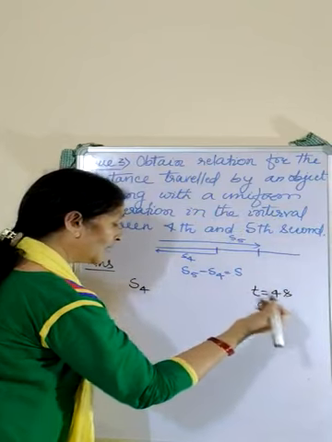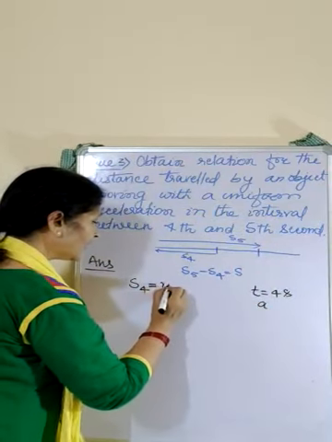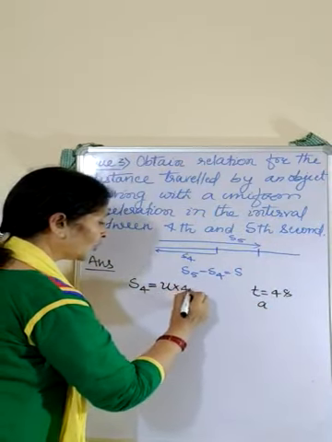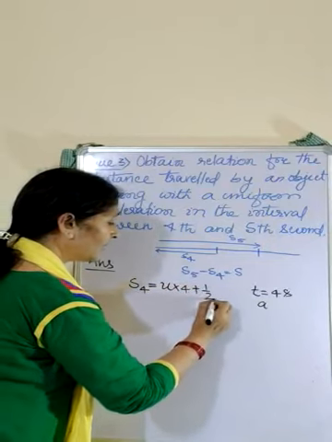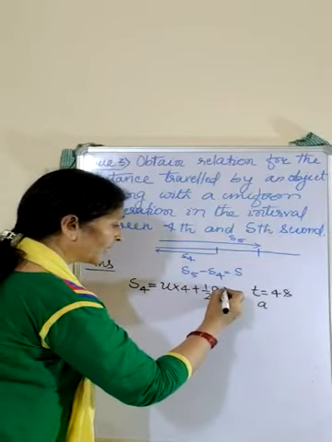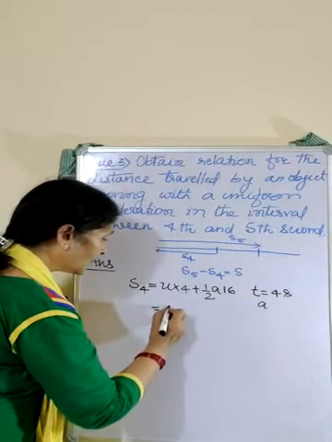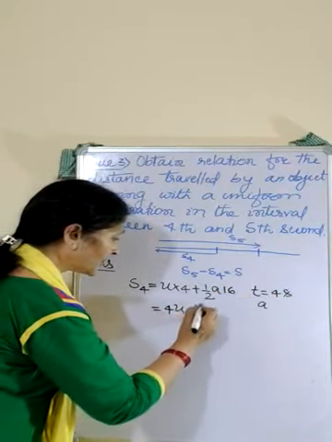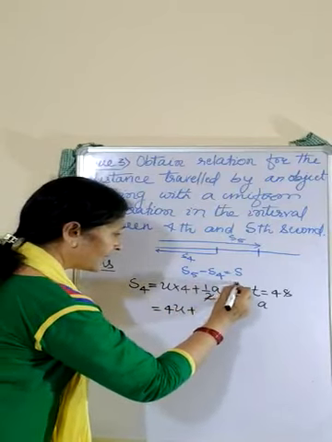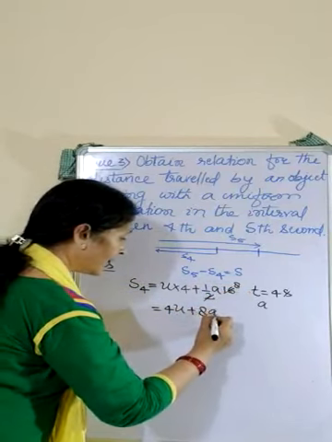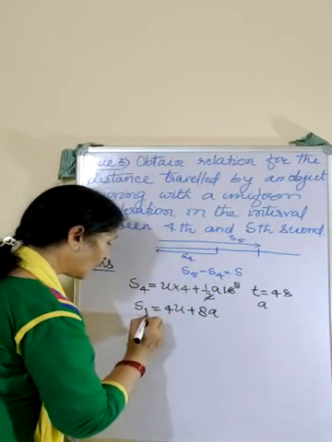This is u into 4 plus half a into 4 square, 16, and this is equal to 4u plus 8a. This is S4.